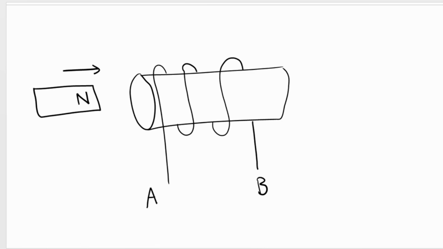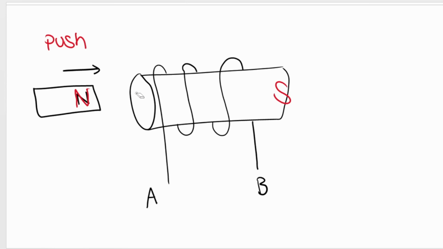So try this one. I want you to use your knowledge based on this video. I'm pushing the north side of the magnet into the solenoid. I want you to tell me which side has the induced north pole. So is it going to be a north here and a south here, or is it going to be a north here and a south here?